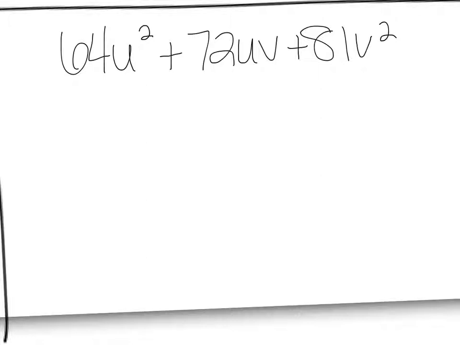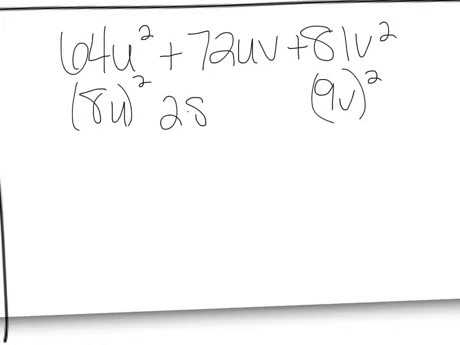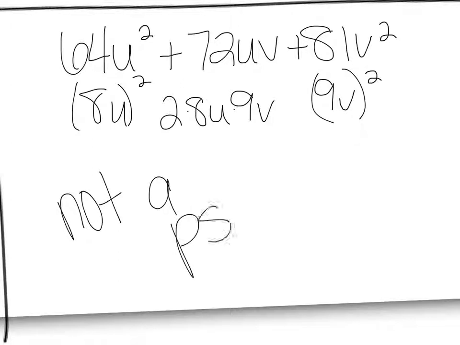What squared gives me 64u squared? What squared gives me 81v squared? Does 2 times 8u times 9v give me 72uv? No, it does not. Well, look, 8 times 9 gives me 72, and then I take that times 2 again. There's no way it's going to be 72uv. So what does that mean? Not a perfect square trinomial.